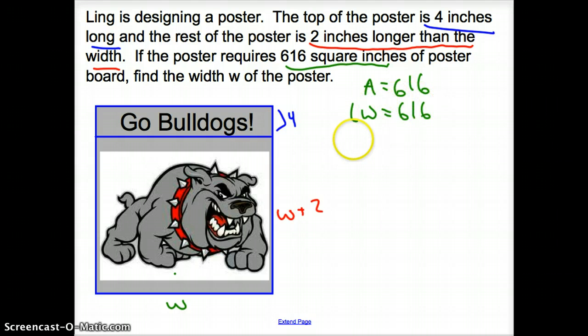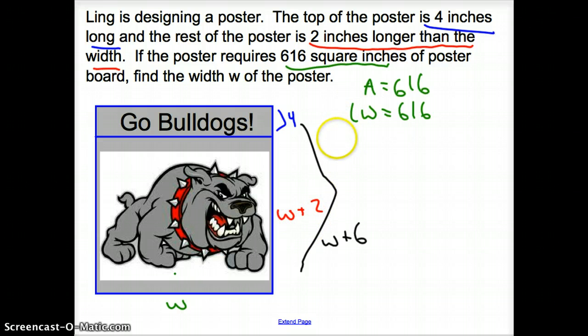Okay, awesome. Well, now, what's my length? My length is these two guys, right? I have to start up here and add all of this together, so I come up with W plus 6, right? When I add the 4 to the 2, I get W plus 6.